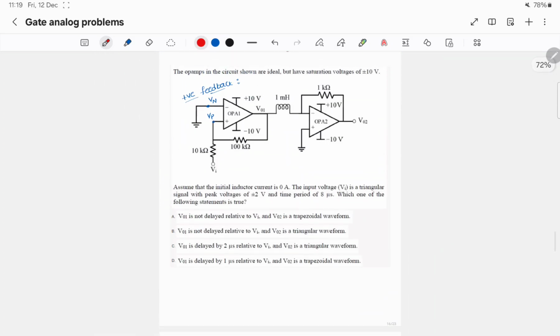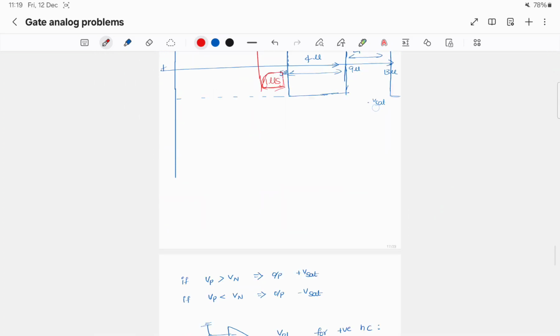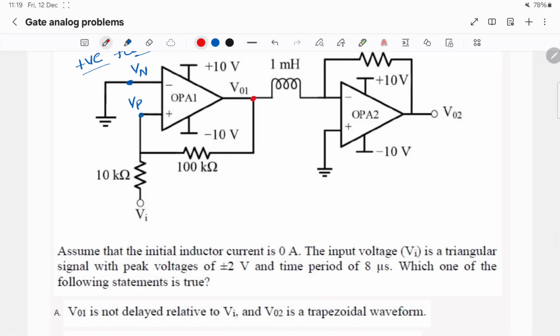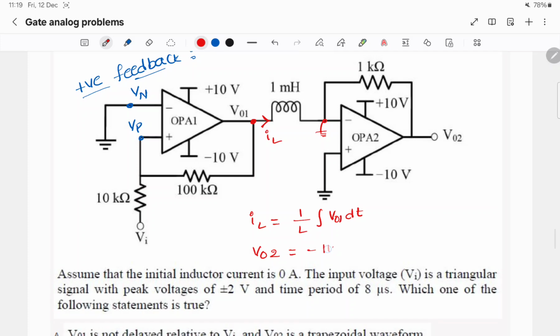So now we have to find out VO2. This node potential is VO1 and this is ground because of negative feedback, and the current IL is nothing but 1 by L integral VO1 dt, and VO2 is minus 1k times of IL.